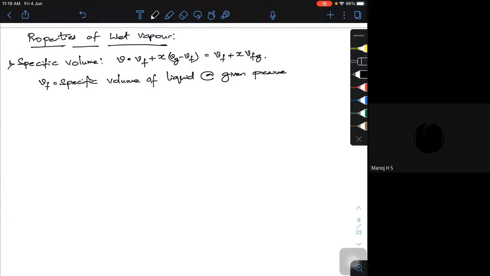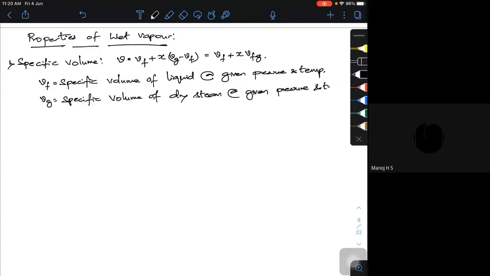As I told in the previous class, we reference everything with respect to pressure or temperature. The steam table can be based on pressure, or on temperature. So Vg is the specific volume of the dry saturated steam at that given pressure and temperature.